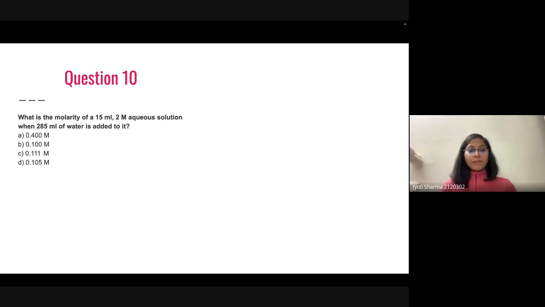Your M1 is 2, your V1 is 15, M2 you have to calculate, and V2 is 15 plus 285, that is 300. So can you calculate the molarity when you have added 285 ml of water?